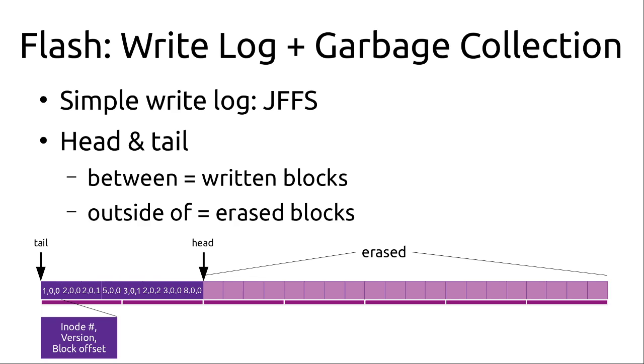So from left to right, you see inode 1 with version 0 and block offset 0. This is the first block of data in inode 1. Inode 2, we have the same thing, the first block of data. Then we have the second block of data within inode 2. Then we have inode 5, the first block of data there. Then we have the second block of data within inode 3.